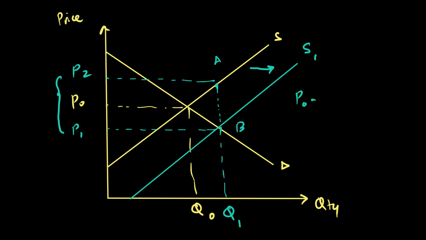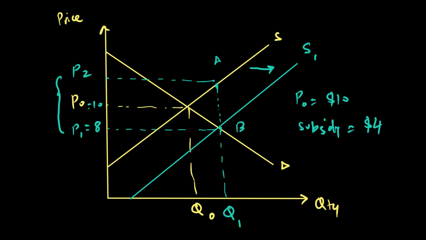Let's say P naught is $10, right? And the government gives a subsidy of $4. If the subsidy is $4, the price will not be falling to 6, but because the demand curve is not perfectly inelastic, the price has gone down to, for example, $8.